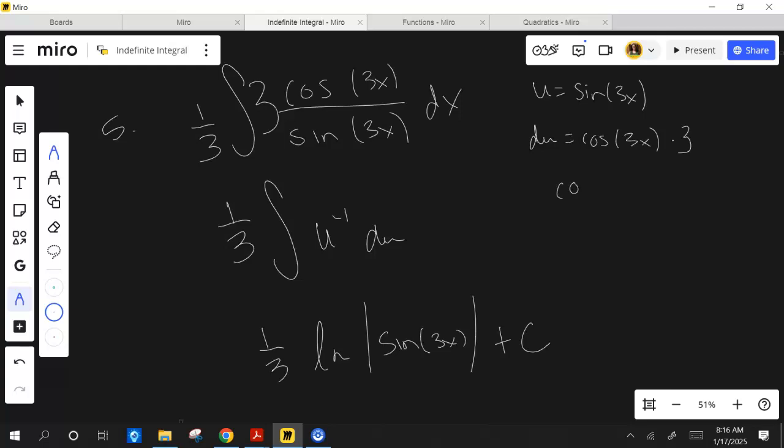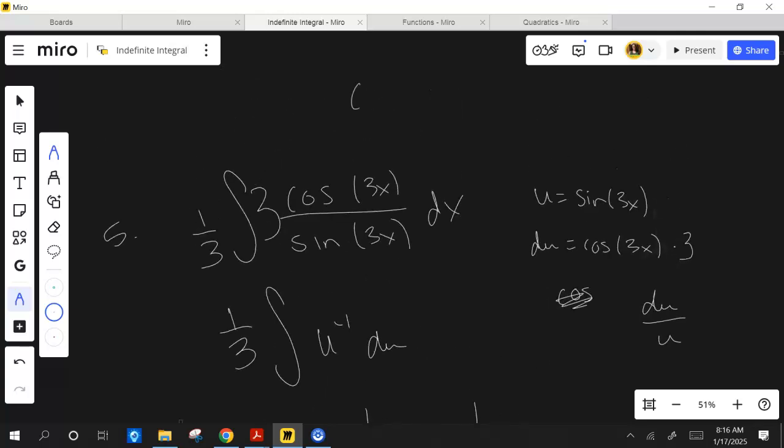So you got cosine, you got du over u. U being 3x will not let you solve this one, because then you'd have cosine u over sine u, and you don't know the antiderivative of that. What?